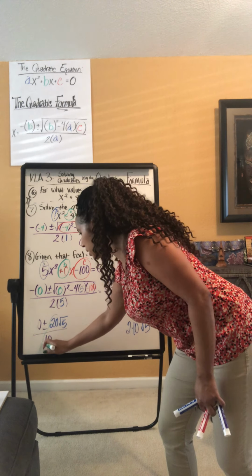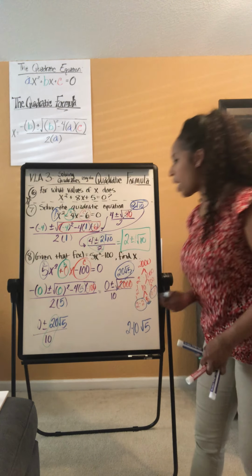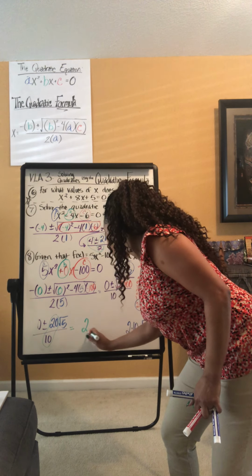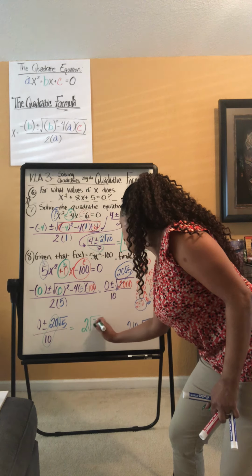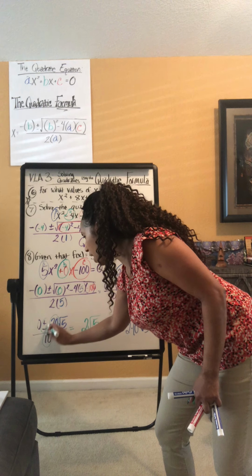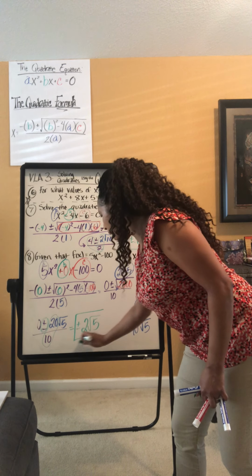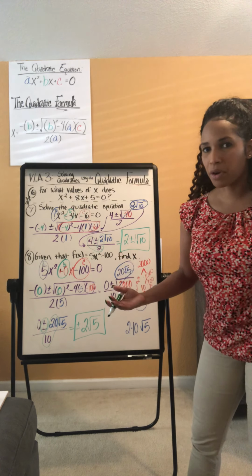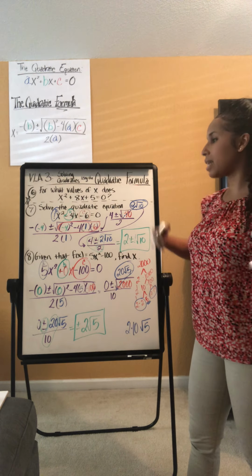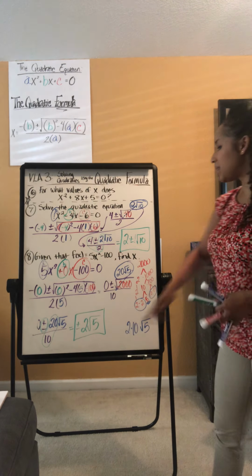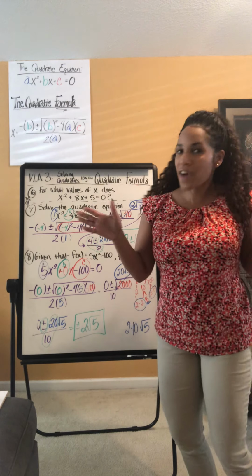The 20 over the 10, since they are both outside of the radical, they can reduce to just the number 2. So I have the 2, I have the square root of 5, and I still have that plus or minus in the front. Because if I add to 0, it's a positive number. But if I subtract from 0, it's a negative number. So I do still need that plus or minus that was out there. But this is my final answer.